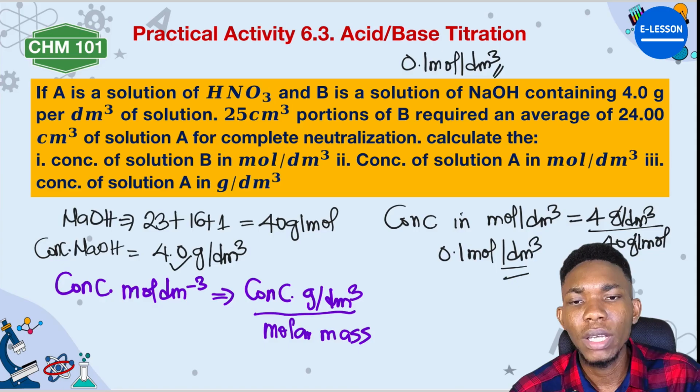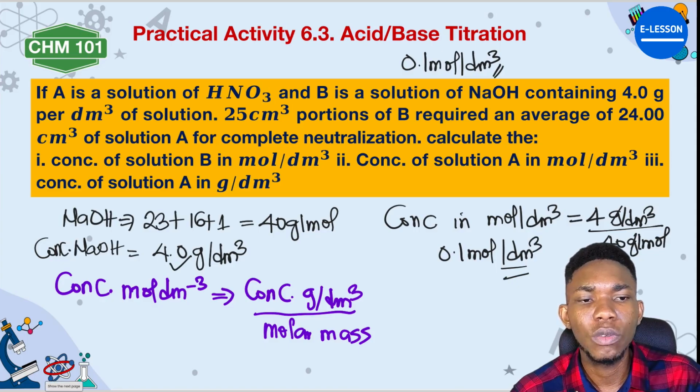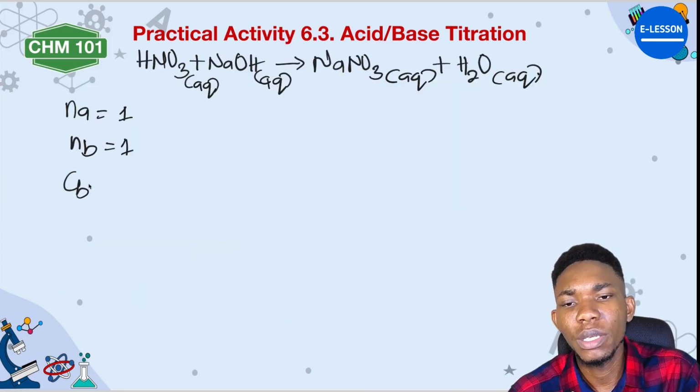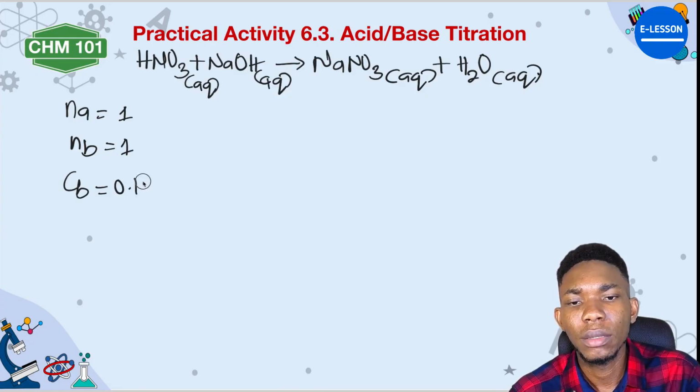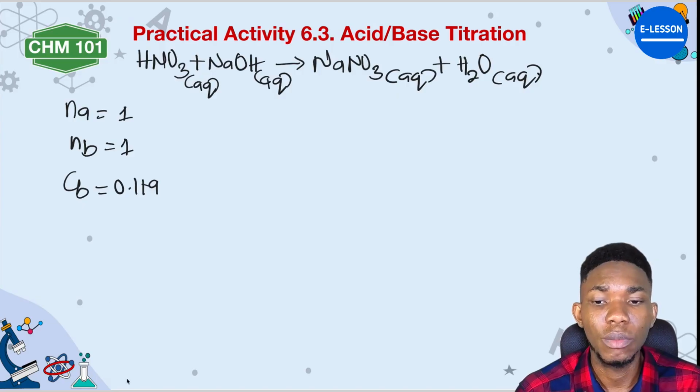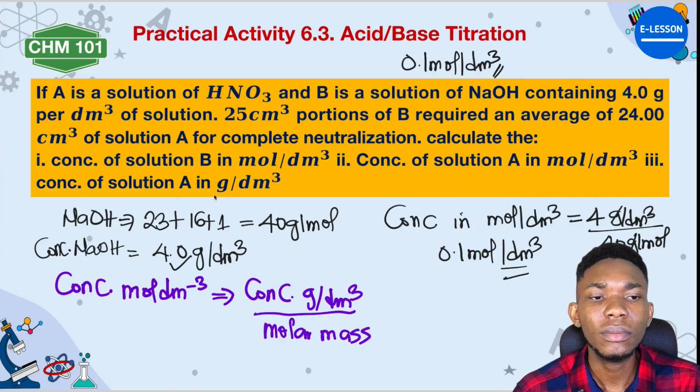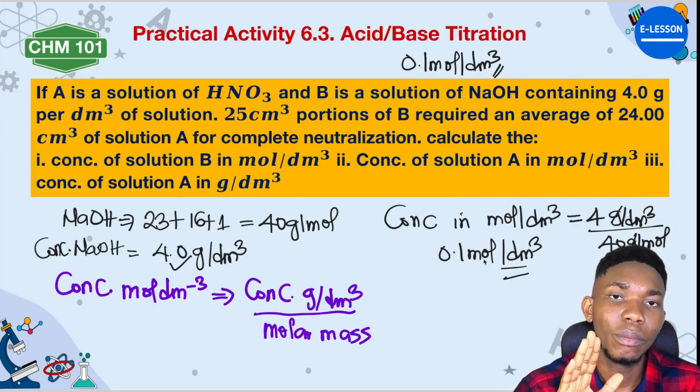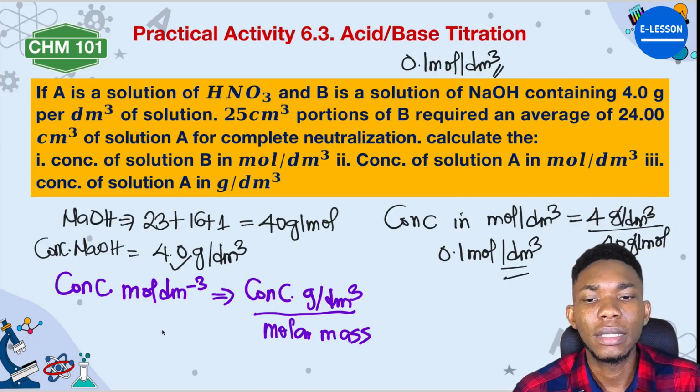Now, what is the concentration of the base? It is what we calculated, 0.1. So Cb is 0.1 molar, or mole per dm cube. This mole per dm cube is still the same as writing capital letter N, molar. The next thing is, what we are looking for is the concentration of A in mole per dm cube.